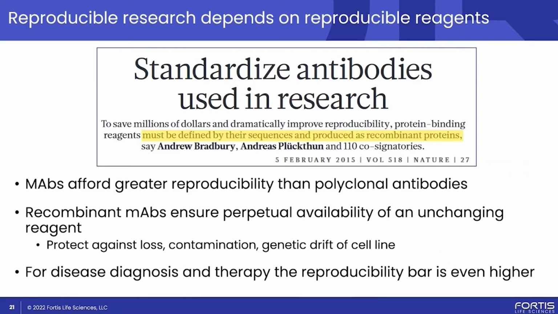And having that sequence availability, as we just discussed, means that you can protect against loss of that antibody. You don't have to worry about your hybridoma becoming contaminated. You don't have to worry about genetic drift of the hybridoma cell line, so the accumulation of mutations through culture. These are all things that can affect reproducibility in research. And when you think about disease diagnosis and therapy, obviously the stakes are even higher than for basic research. And so the reproducibility bar is even higher.